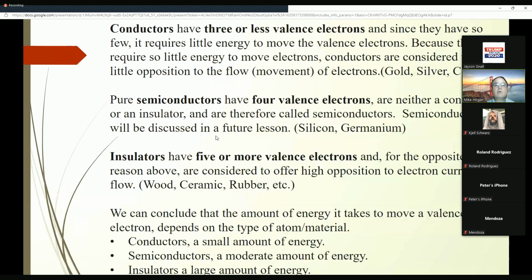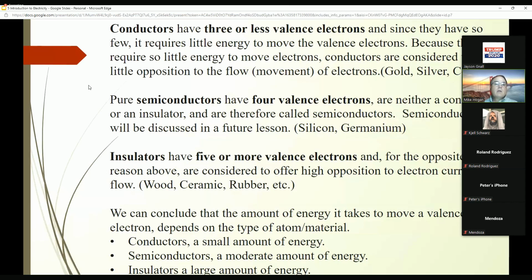And so that's what we're talking about here in terms of that outermost shell. If I have 3 or less, we're looking at a conductor. There's a lot less energy required to move those electrons from atom to atom, or to remove that electron from the particular atom that it's in. That's a conductor.